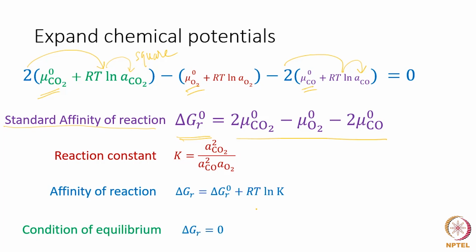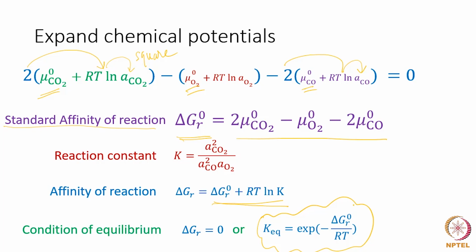So the equilibrium condition is nothing but delta G R being 0. If this quantity is 0, you can take K out and express it in terms of delta G naught R, and we see that it should be represented here. So the reaction constant is related to the standard affinity of the reaction through an exponential function.